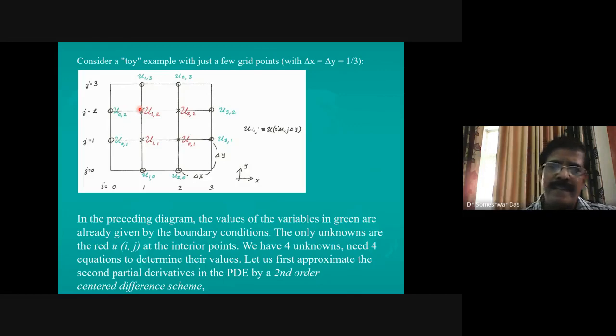If your arbitrary value is something similar to the actual value, your iteration will be faster and you will reach convergence sooner. If your arbitrary value is a wild guess, too far away from the actual value, then your convergence will take time. You will have to have more iterations.